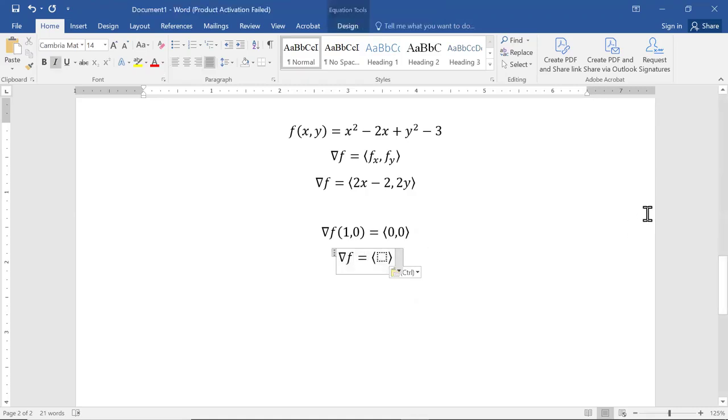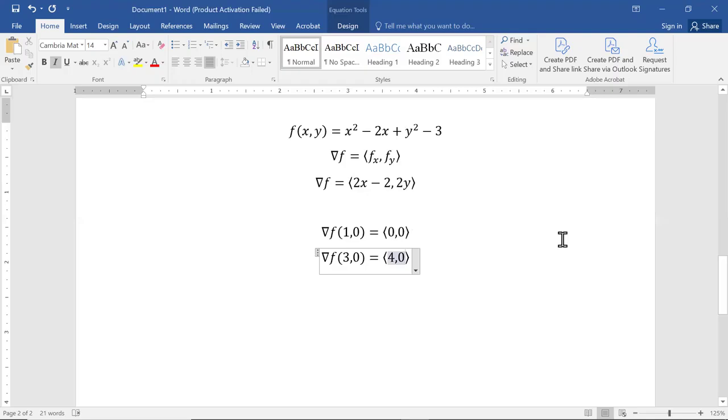The gradient at the point 3, 0 is what you'd get if you plugged in 3 for x, so you get a 4 as the first component, and then a 0 would be the y component.